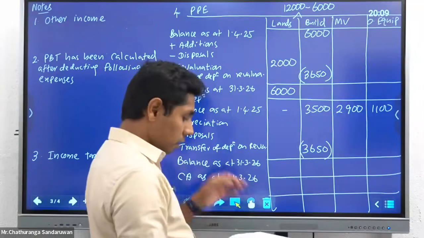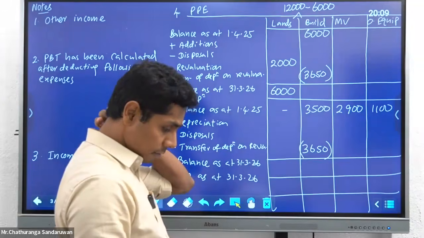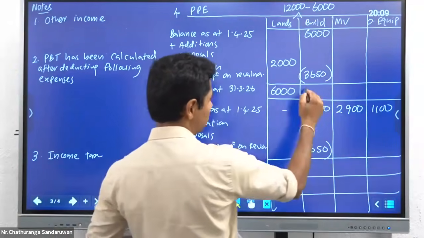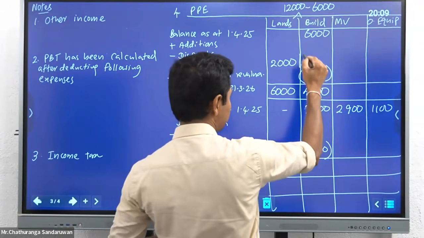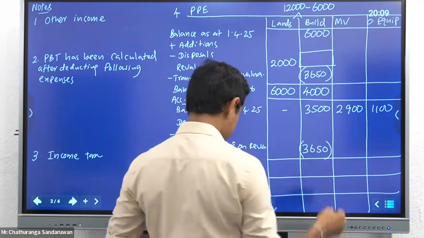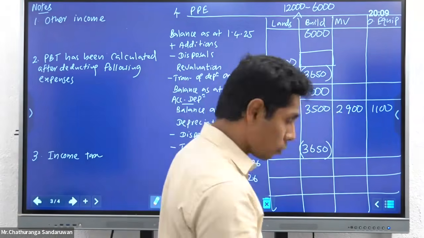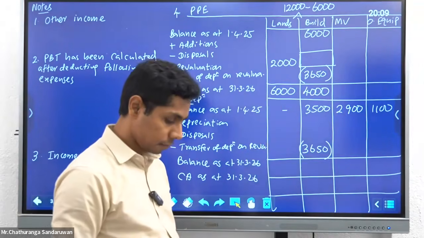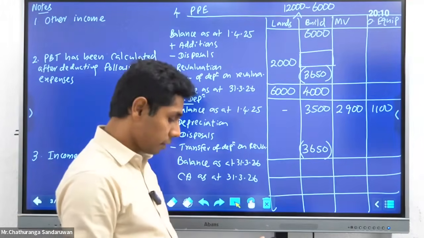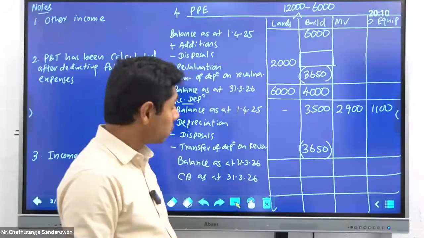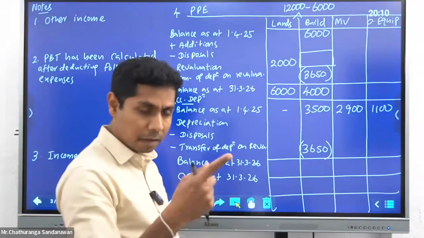And buildings have been revalued the second time at 4,000. So the balance here should be 4,000. Then we can find the revaluation surplus or deficit, right? So if you go backward, 4,000 plus the minus thing can be added back.